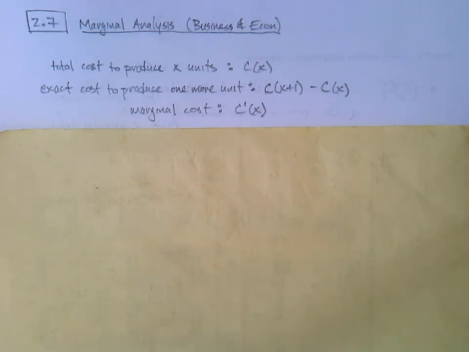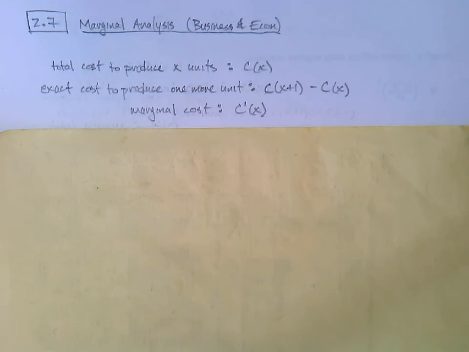Okay, so what is marginal analysis? I'm defining a few things here. We're going to focus on cost, but we will also apply these ideas to revenue and profit. As it applies to cost, let's say the total cost to produce X units is given by C of X. Think of a factory or some kind of large scale production.